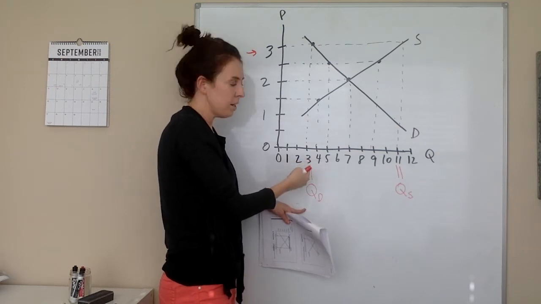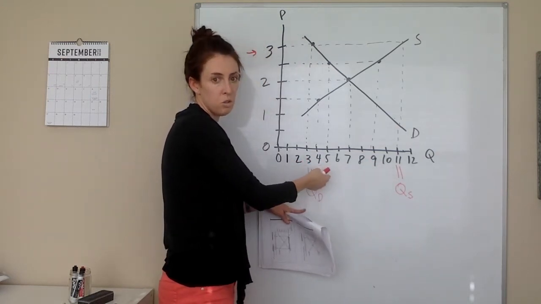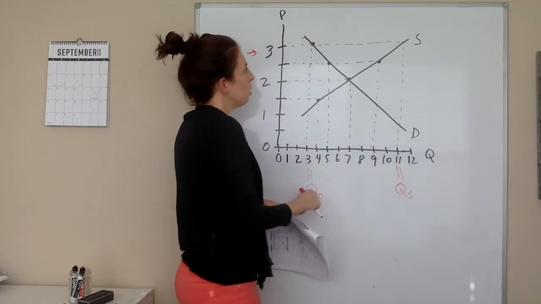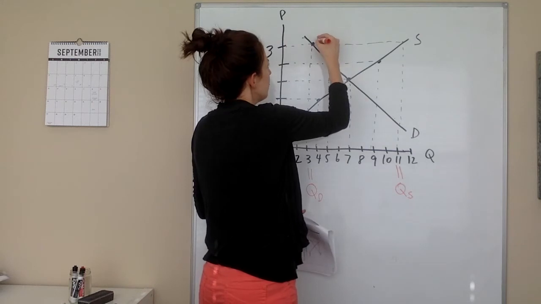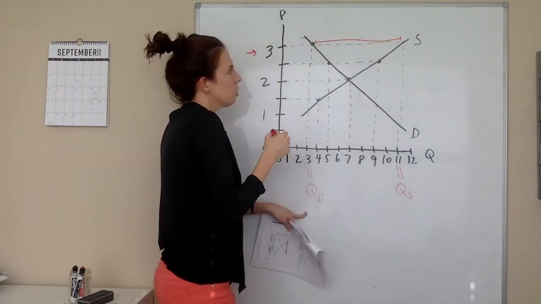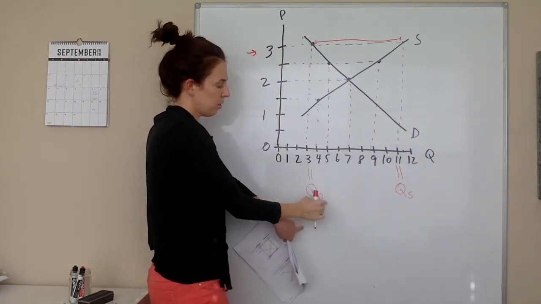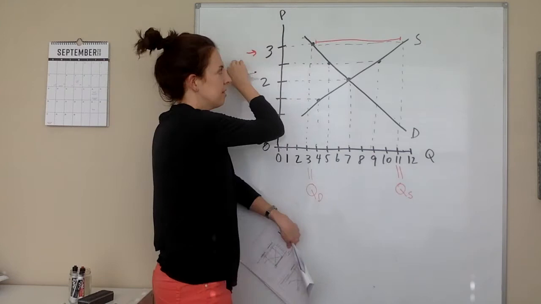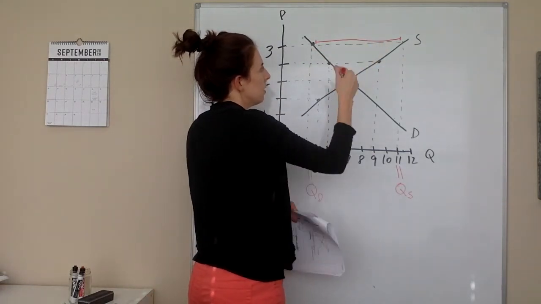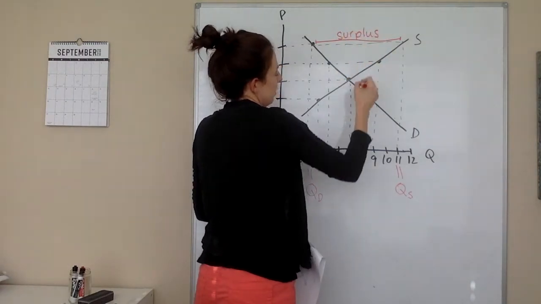So you would have some leftover ice cream cones on the shelf that aren't being sold because the supply exceeds the demand. The horizontal distance here, which corresponds to the difference between the quantity demanded and the quantity supplied at this given price level, is the amount of surplus on the market.